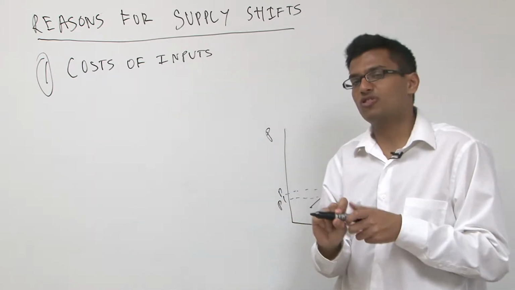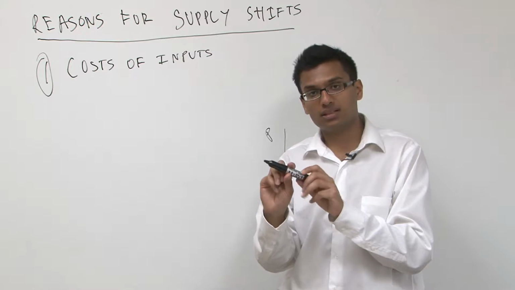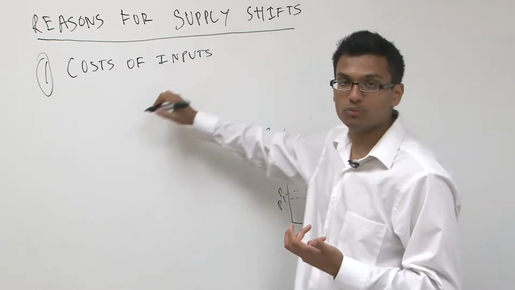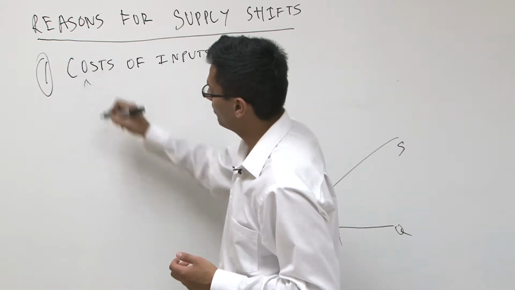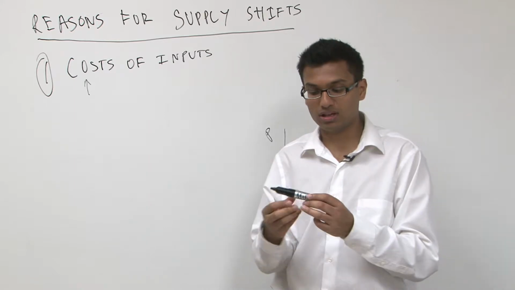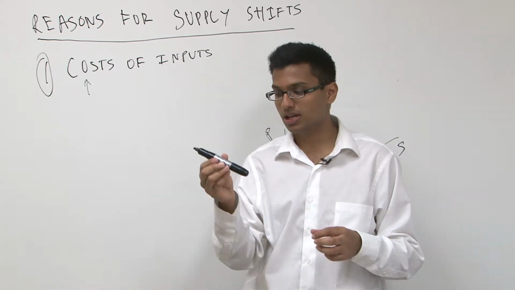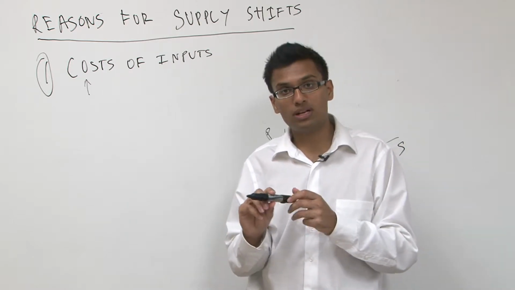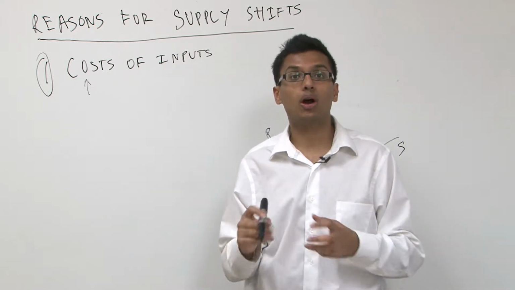So say, for example, for some reason, the cost of plastic, which is one of the inputs, goes up. What happens is, as a supplier who manufactures these markers, the cost of producing this marker is going to go up entirely.